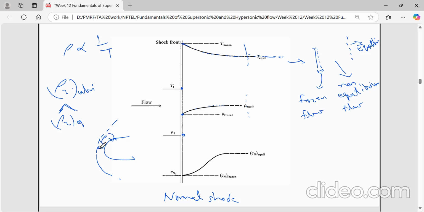So for the equilibrium, rho 2 will be high. Then for the same mass flow rate to pass through, the shock layer should decrease. So shock standoff distance should decrease. That's why shock standoff distance delta for equilibrium will be less than shock standoff distance for calorically perfect gas.